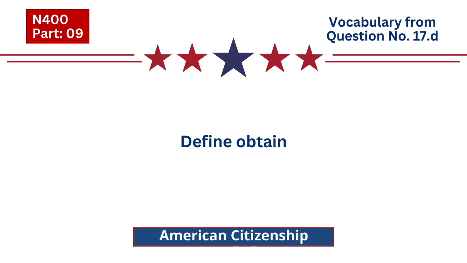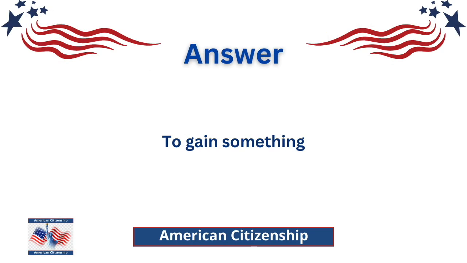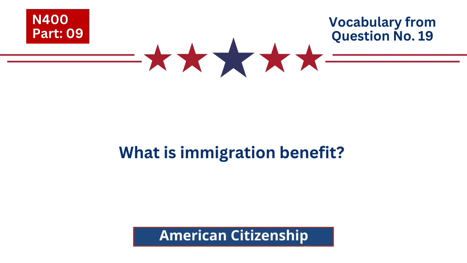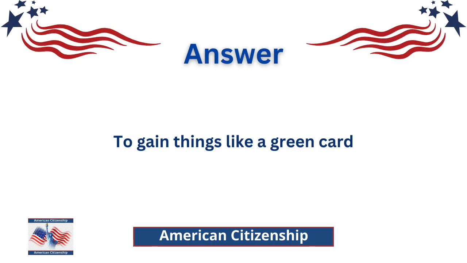Define obtain. To gain something. What is immigration benefit? To gain things like a green card.